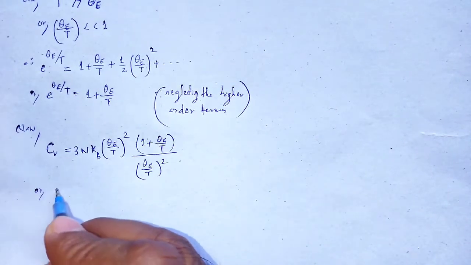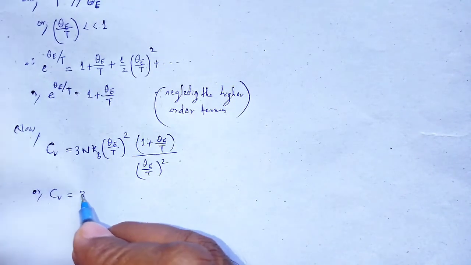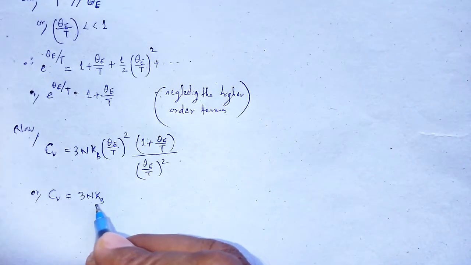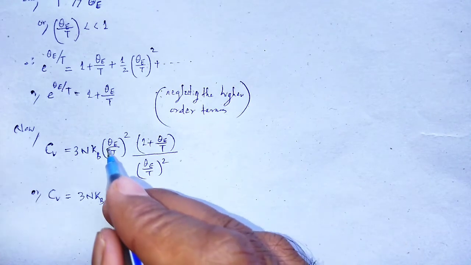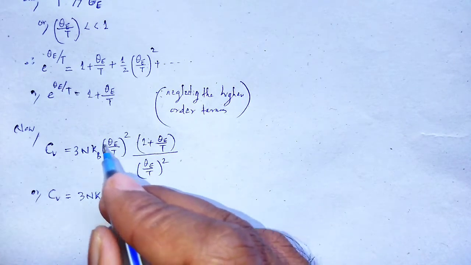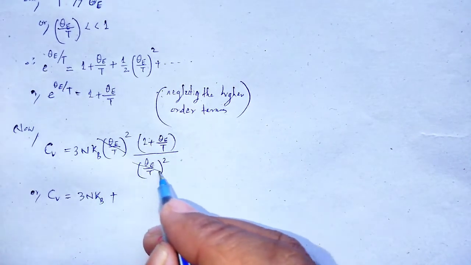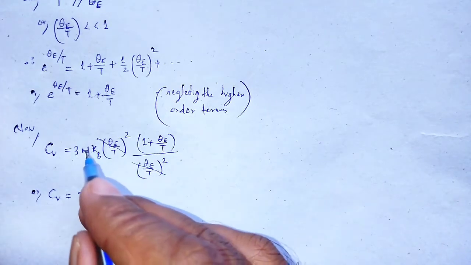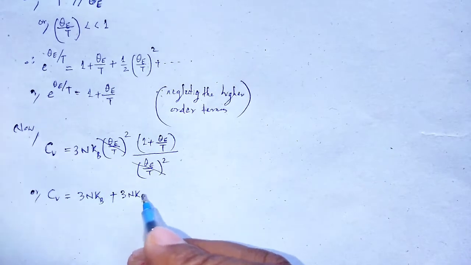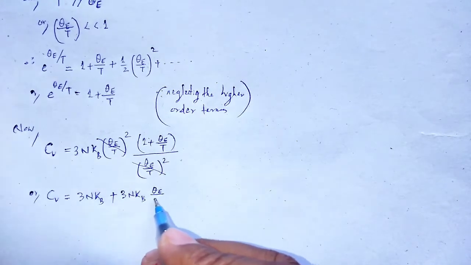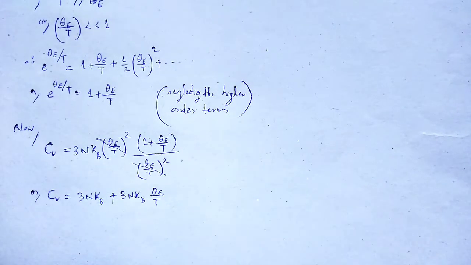Therefore Cv is equal to 3n kB, the theta E by T whole square cancels out, that one is multiplied, next 3n kB whole into theta E divided by T.